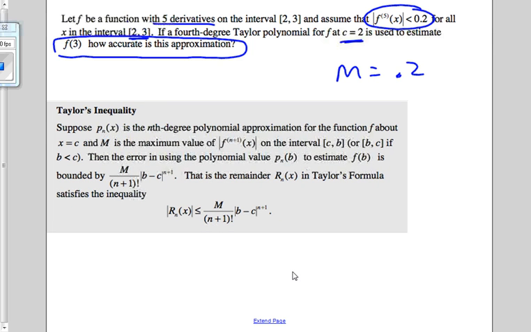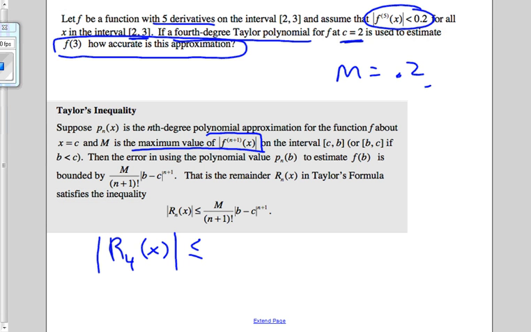So my error, R sub, well, we're looking at a 4th degree polynomial approximation, so R sub 4 of x, absolute value, is going to be less than or equal to my maximum value of my fifth derivative on x, and that we know is 0.2.